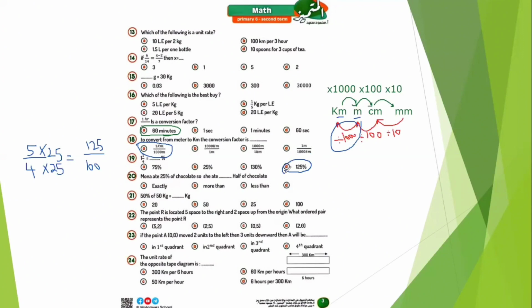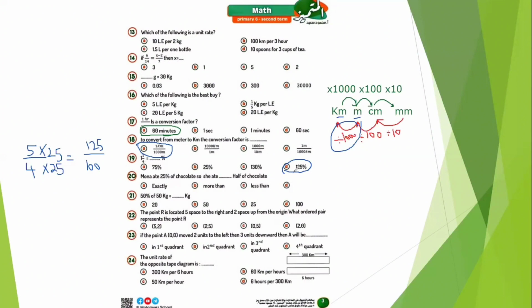We can solve it in another method. 1 means 100%, and a quarter is equal to 25%. 100% plus 25% equals 125%.